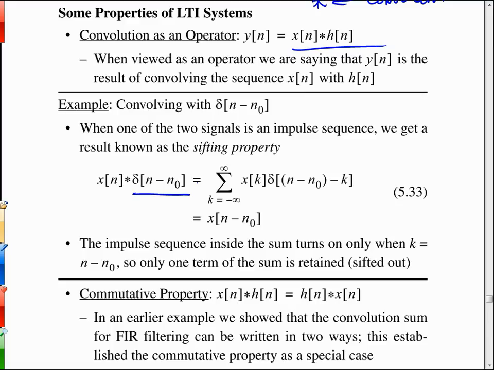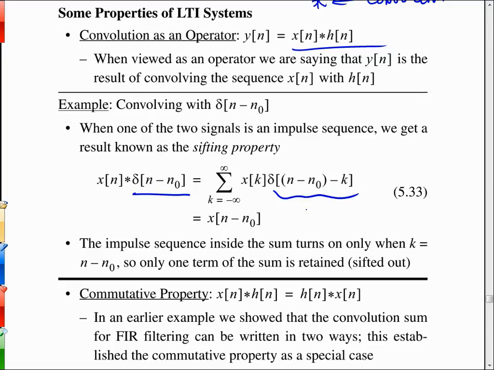So we take x of k times delta of n minus n naught minus k, and then do that sum. But this sum is very easy to do because as k sweeps along from minus to plus infinity, what one and only value pops out of this sum?